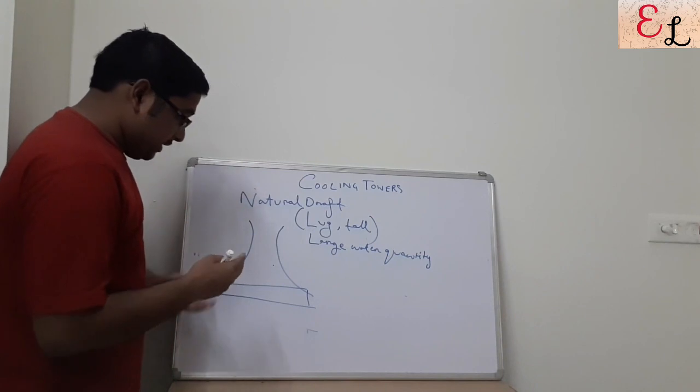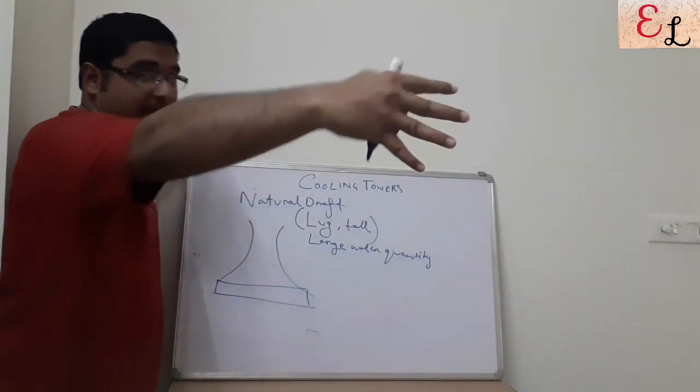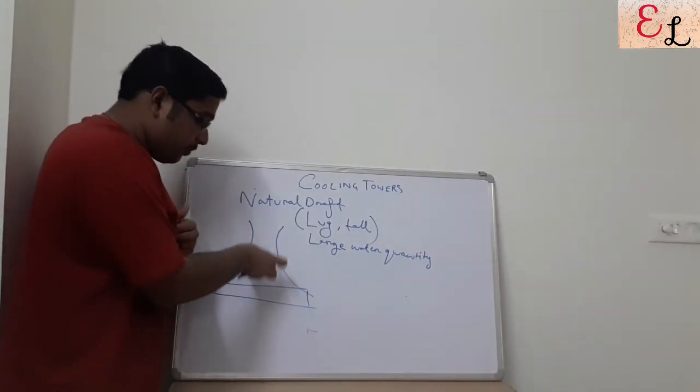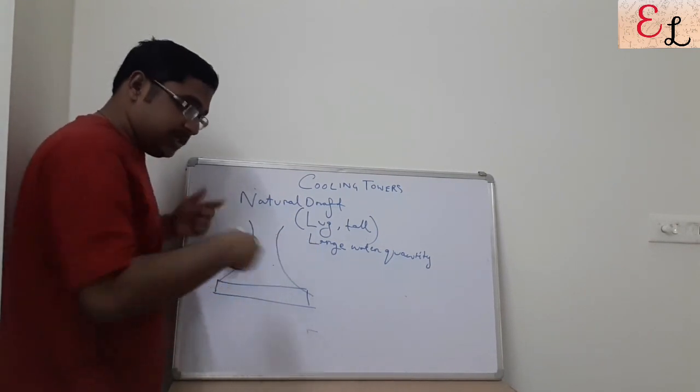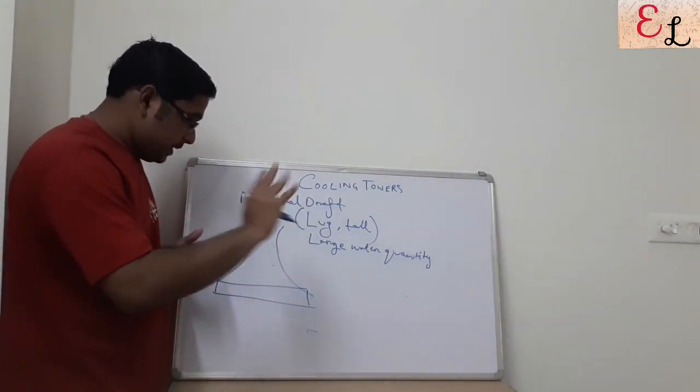Because for supporting this tall structure, we need a wider base so that the area and the load can be distributed, so that the pressure is not concentrated in a particular portion. So first of all, the base has to be widened. That's why we create a wide circular base.